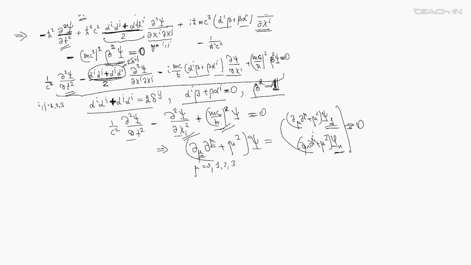The Klein-Gordon equation is the equation (d mu d mu plus (mc over h bar) squared) acting on whatever you want, phi or psi, is equal to 0. So this is Klein-Gordon. Means it's exactly similar to that. It's not similar. It is the Klein-Gordon equation. This is what we call the Klein-Gordon equation.